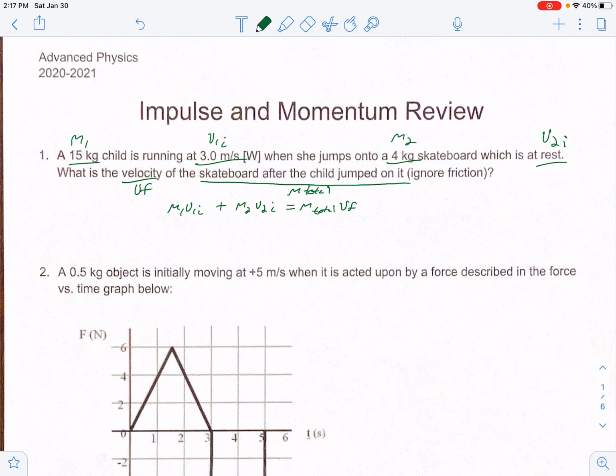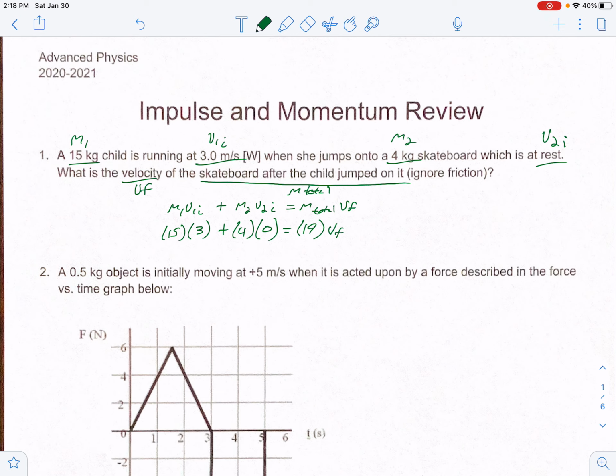Now we just start plugging in stuff. My mass 1 was 15, my initial velocity for mass 1 was 3, plus my mass 2 was 4, and it was sitting still at rest, so my V2 initial was just 0. Equals, now they're stuck together in the end, so 15 plus 4 means I have a total mass of 19 now, and I don't know the velocity, so I'm just going to leave it as that.